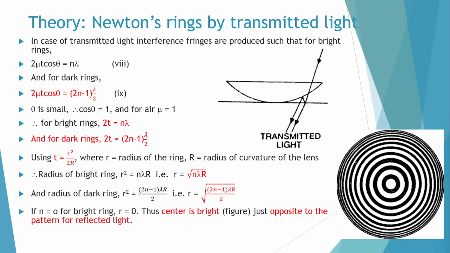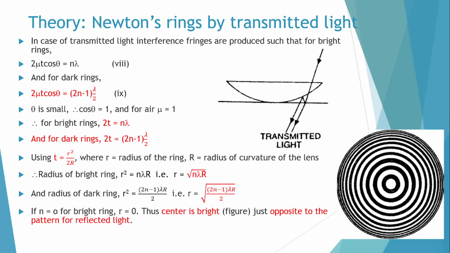So remember very well. Again we use the analogy that theta is very small, therefore cos theta equal to 1, and since the film is an air film, mu equal to 1. So for bright rings, for transmitted light we have 2t equal to n lambda, and for dark rings 2t equal to (2n minus 1) lambda by 2.